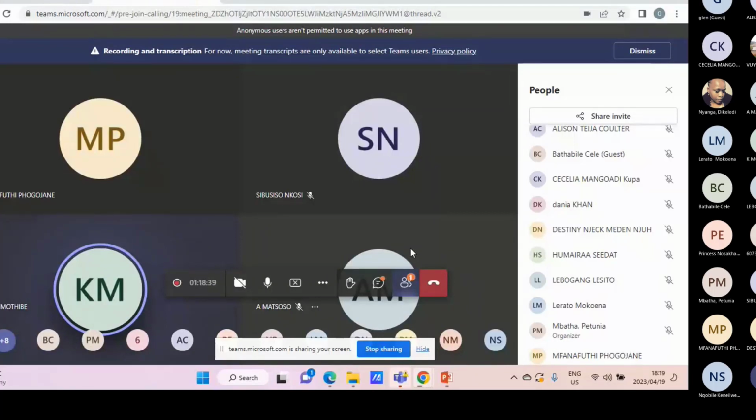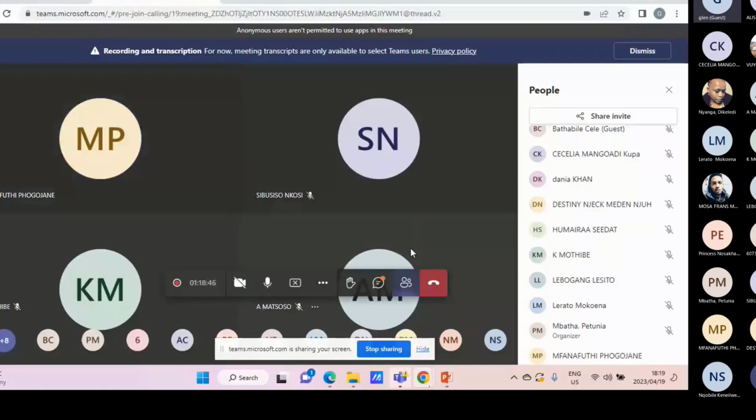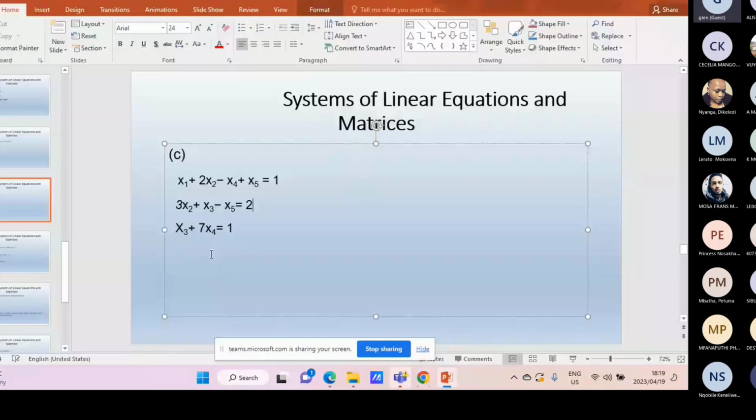Okay, hang on. Let me put it this way. In this exercise, good one, we were just lucky. Let me project this system. When you write it in matrix form, we realize that below the leading one, we had zeros.